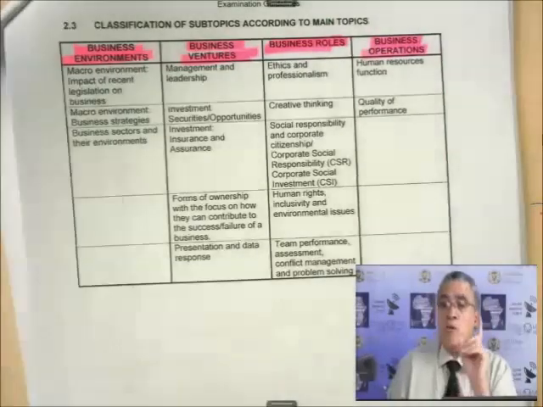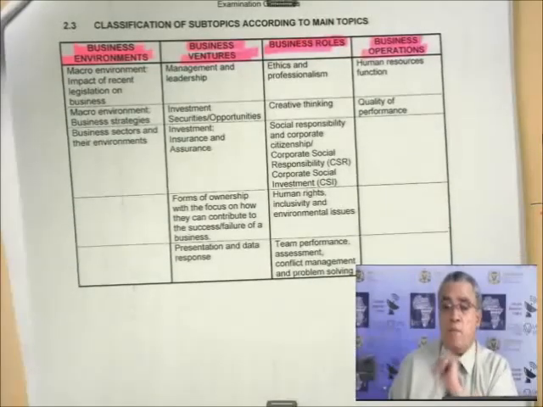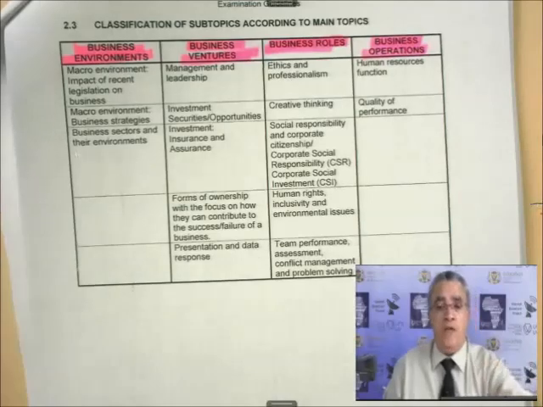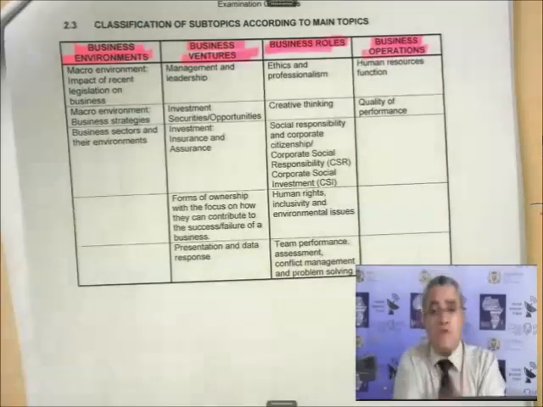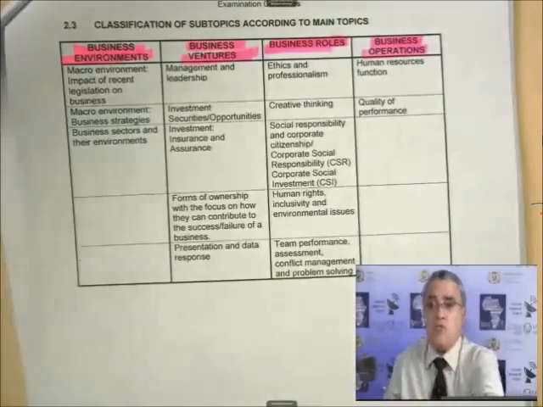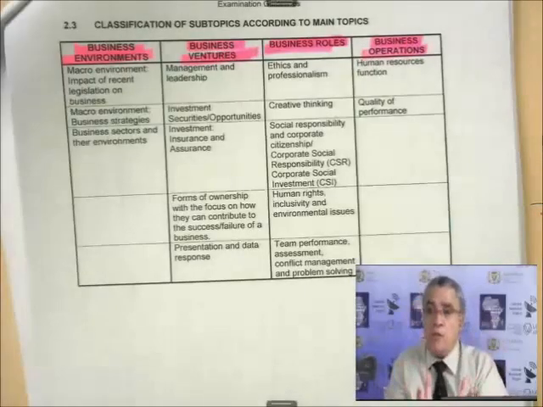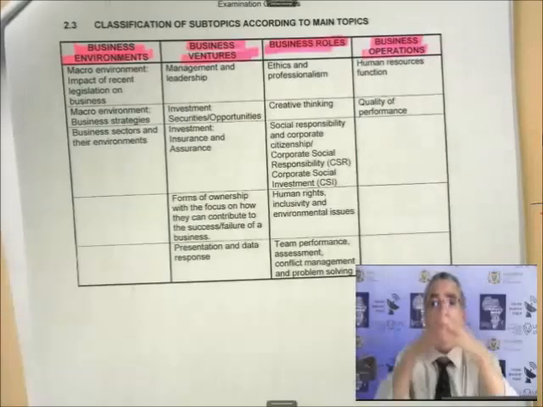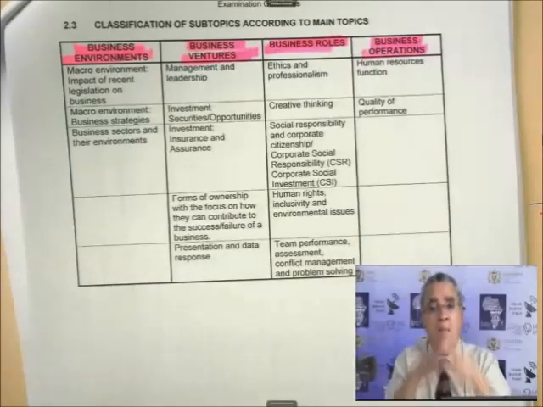Business roles, question 9. If you remember what we did yesterday, we said let us do conflict, and you will see that conflict comes from business roles. It was question 9. So very, very important: in the question paper at the end of the year, question 9 will cover an essay type question coming from business roles.